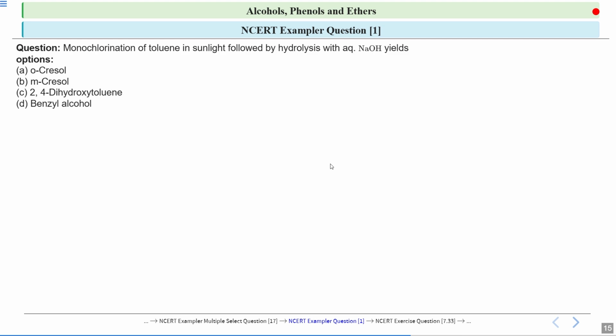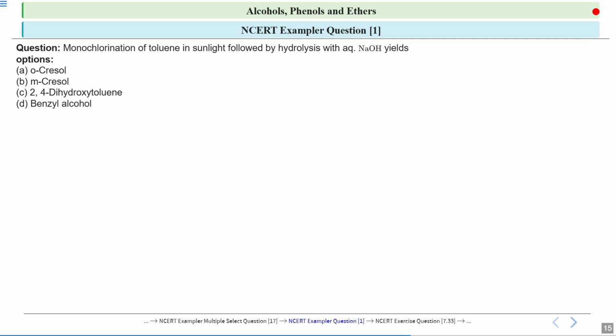Okay. So now let's solve the next question, that is NCERT exemplar question 1. The question says that monochlorination of toluene in sunlight followed by hydrolysis with aqueous NaOH yields. So four options are given to you: orthocresol, metacresol, 2,4-dihydroxytoluene and benzyl alcohol.